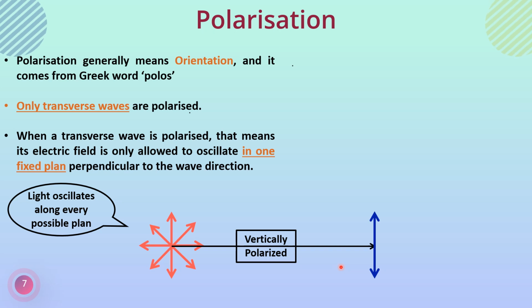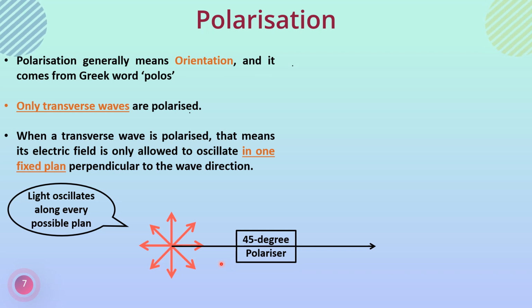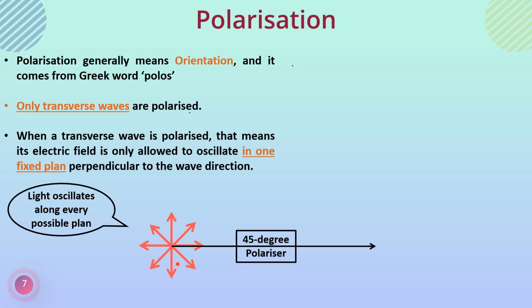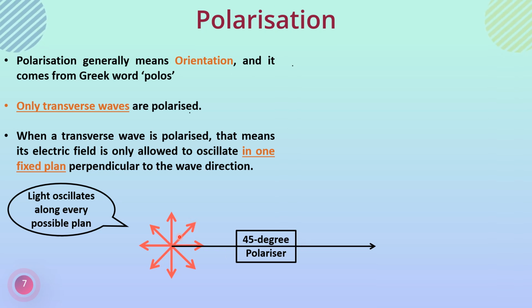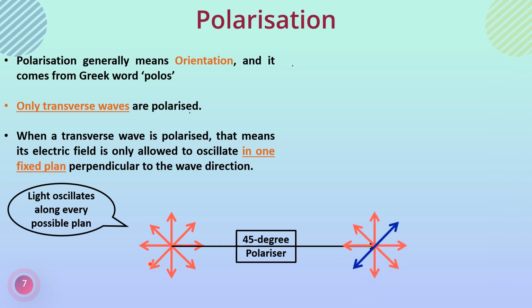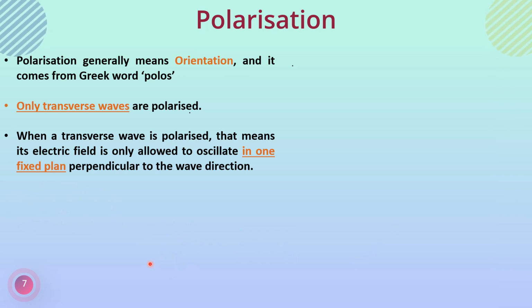So polarization basically will only allow one of these lines. Let's say I want a polarizer of 45 degrees. That means only this one will be allowed to pass through because it is at 45 degrees, and the others will be blocked. That is what we mean by polarization.